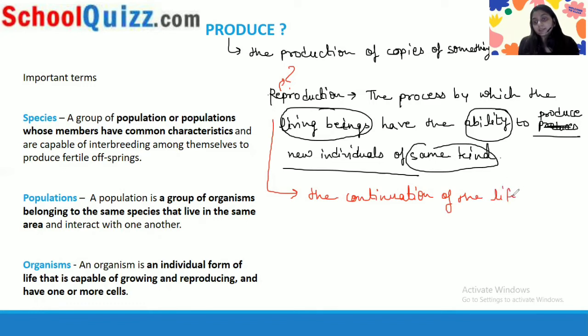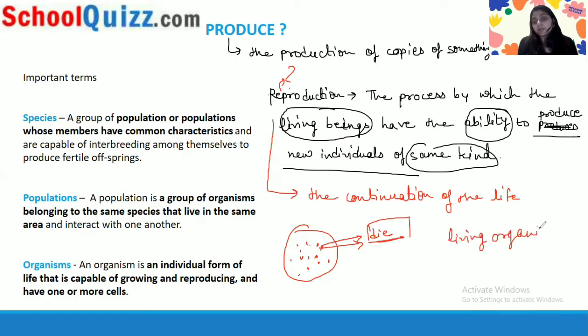Let's say there are some populations on the earth, and these populations decided that they will not reproduce. What will happen after some time? The population will die, and there is no one who can represent their species further. So it is necessary for the continuation of life, of the species, or of the living organisms.